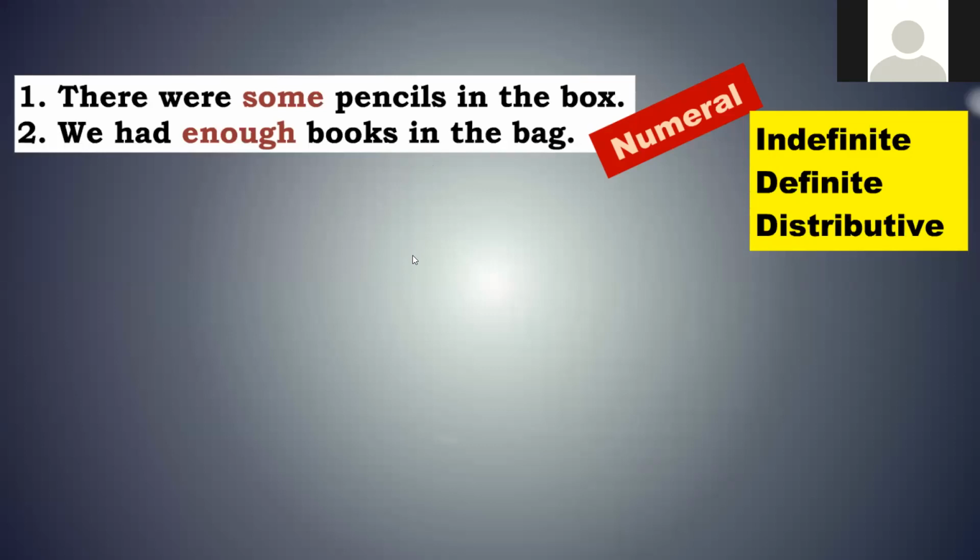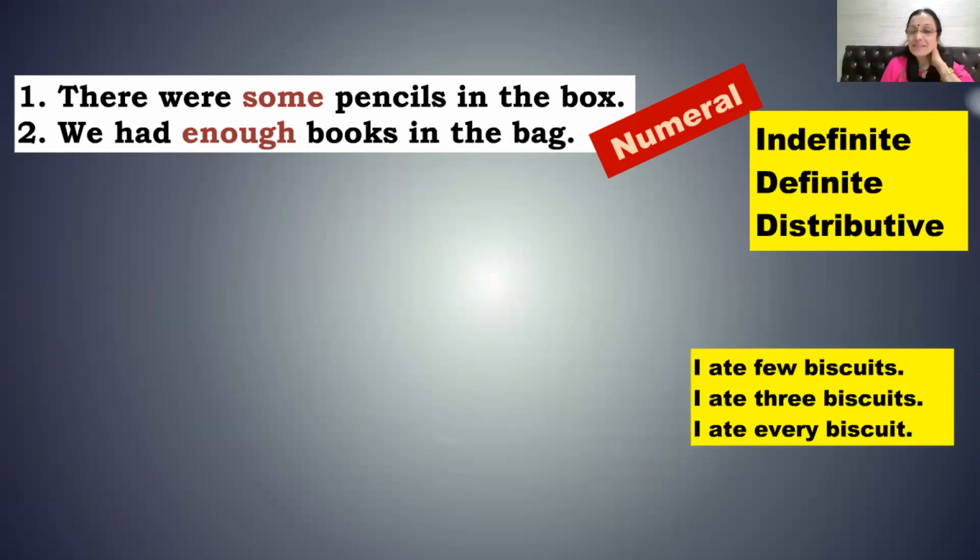Each child got a pencil, which means you distribute. Now see this. I ate few biscuits. I ate 3 biscuits. I ate every biscuit. These are the examples for that. Every biscuit, so it is distributed. Yes, some question? Somebody got logged off. Just like me. Okay.